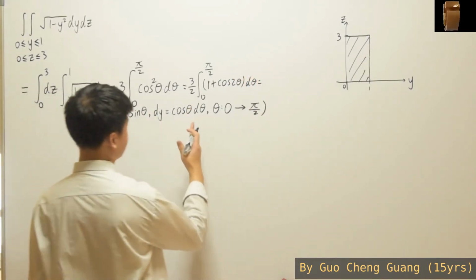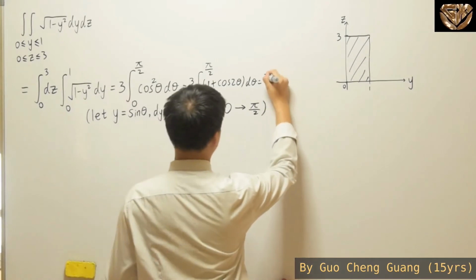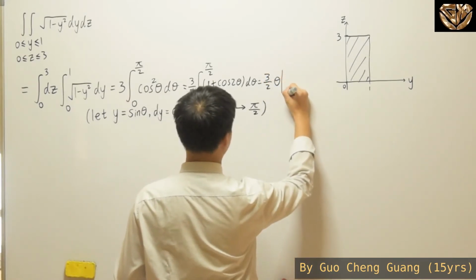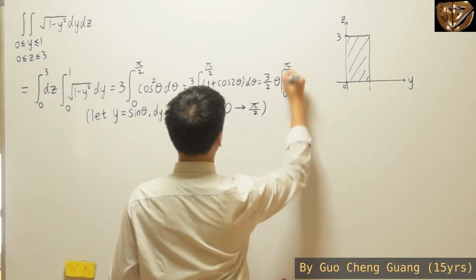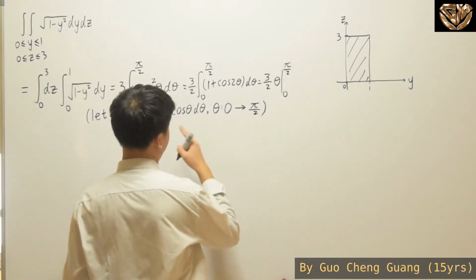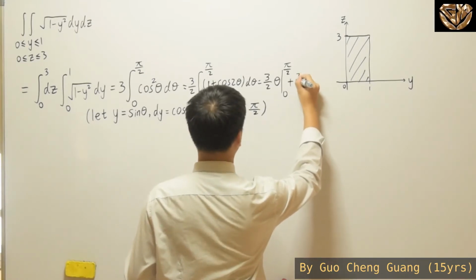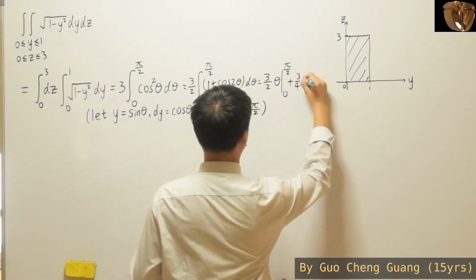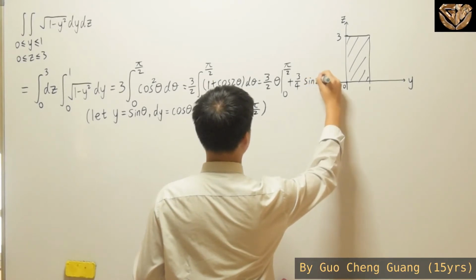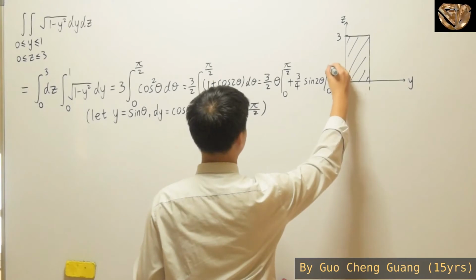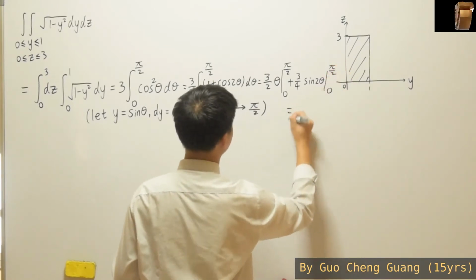So for your first term, you will have 3 over 2 theta, integrate from 0 to half pi. And then for your second term, you will have plus 3 over 4 sine 2 theta, substitute 0 to half pi.